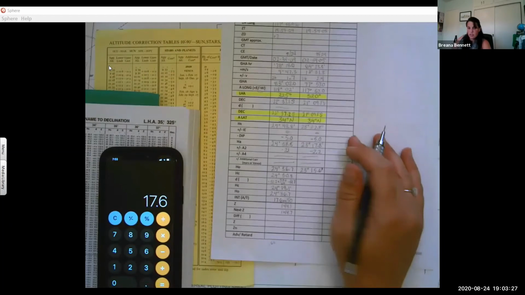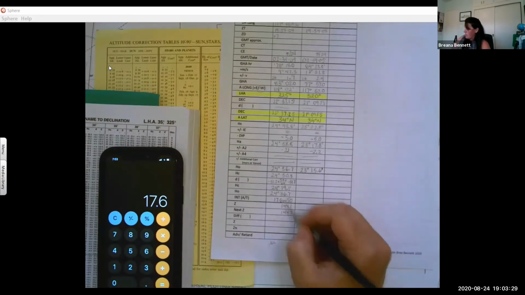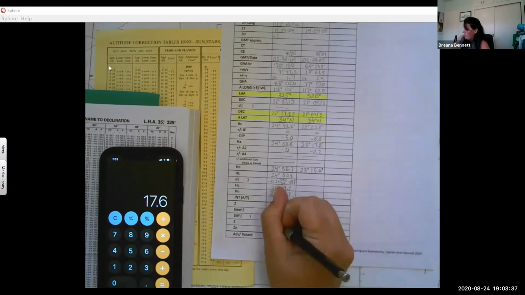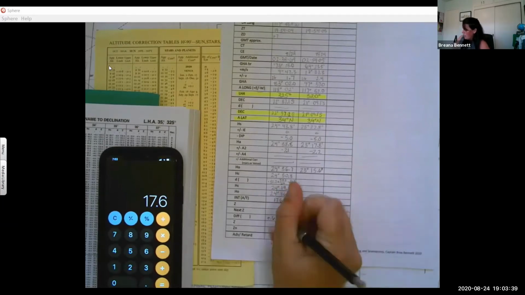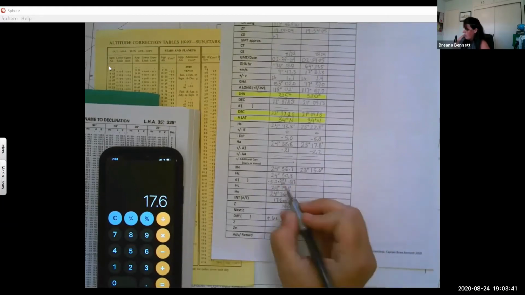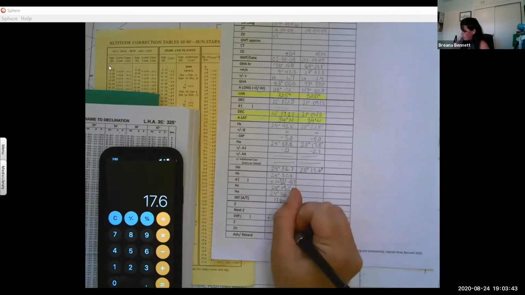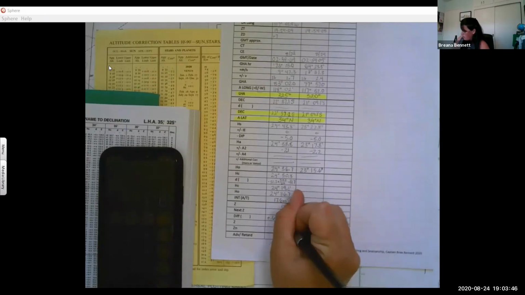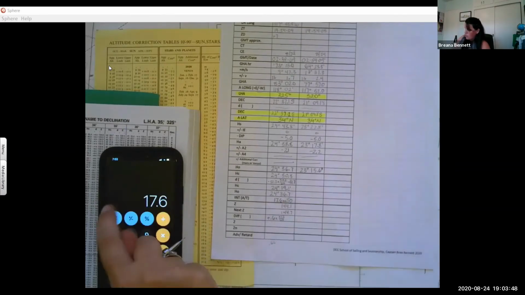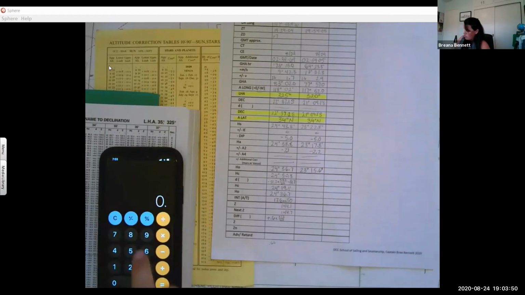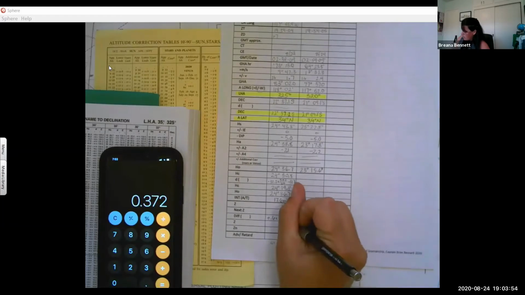All right, so then our Z to ZN, we have 144.1 and 144.7, so we added 0.6, and then I'm going to multiply that by our 37.2 divided by 60, which was 0.62. So 0.62 times 6 gives us plus 0.4.